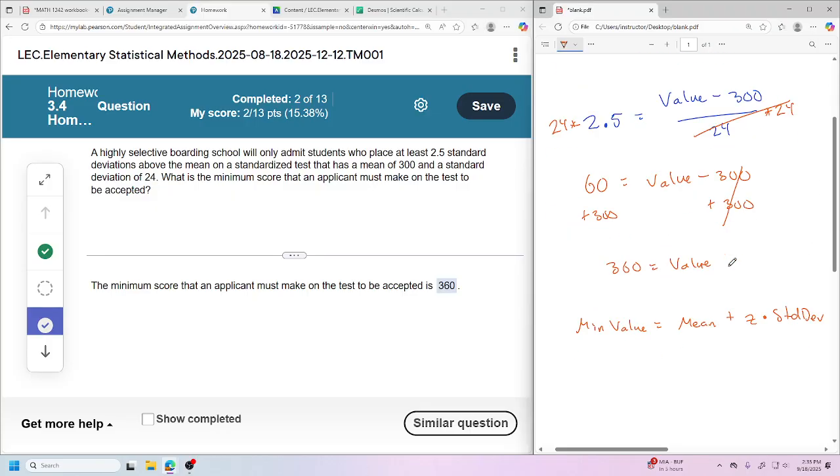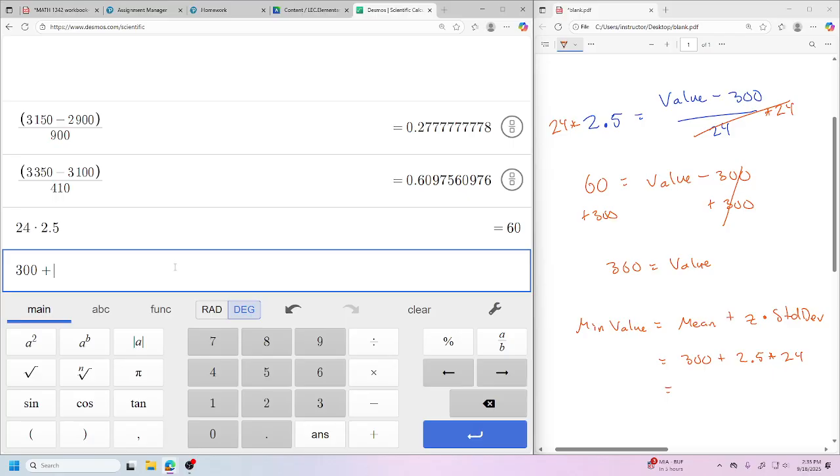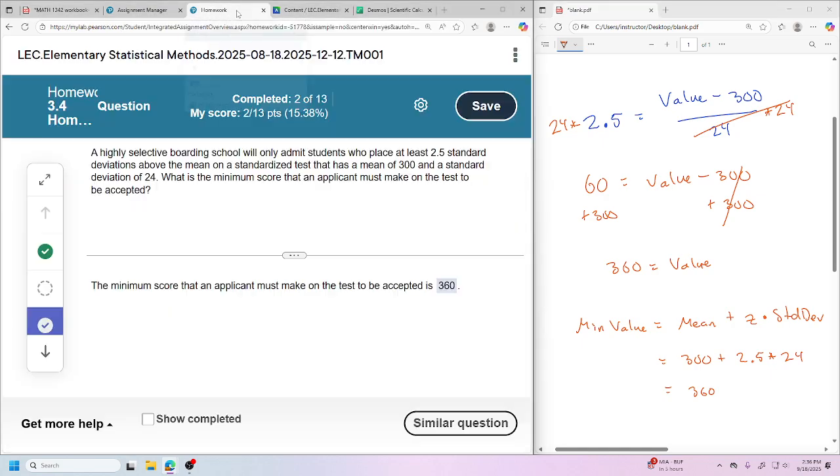So let me show you what this would look like in our case, just to prove it. We got 300, plus the 2.5 times the 24. I'm just going to toss it all in at once. If I toss it all in at once, do I get the same answer? There it is. Look at that. Yep, for number 3, I would use that formula right there.